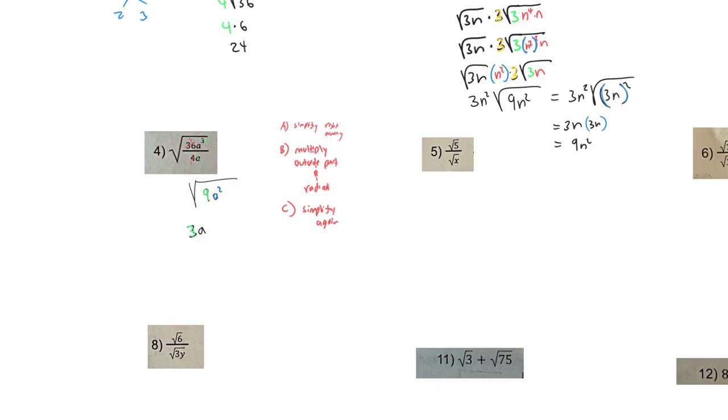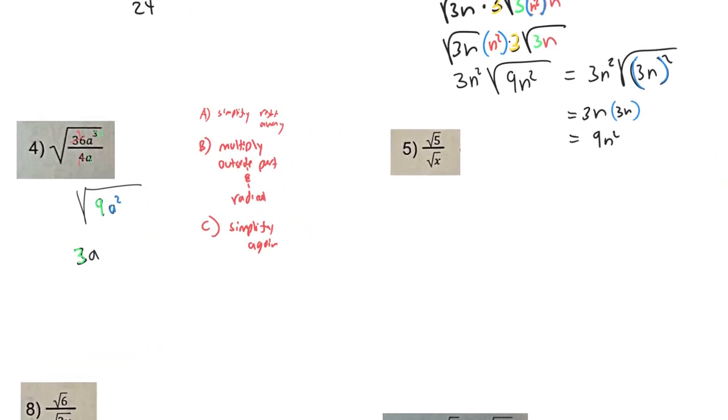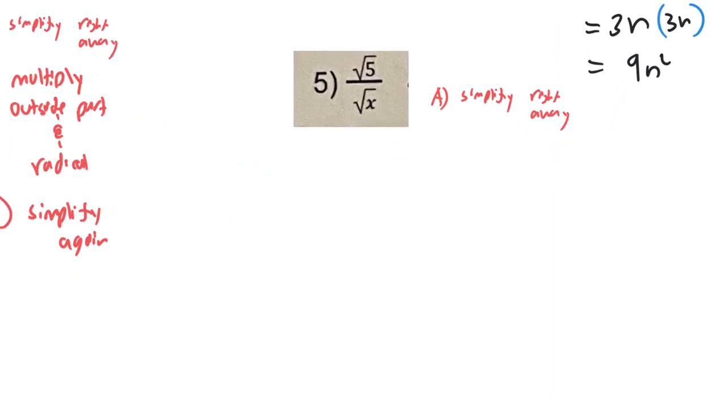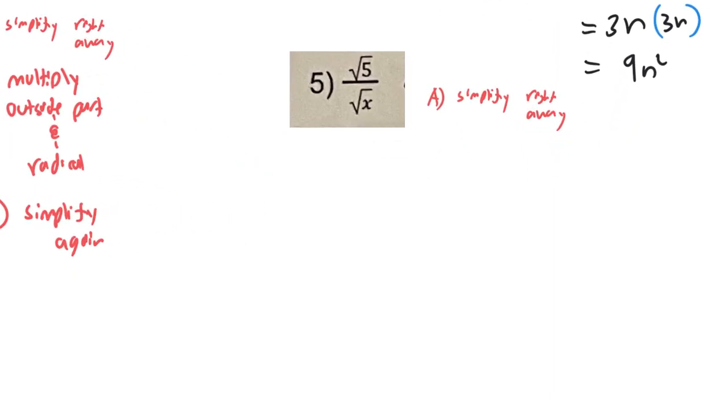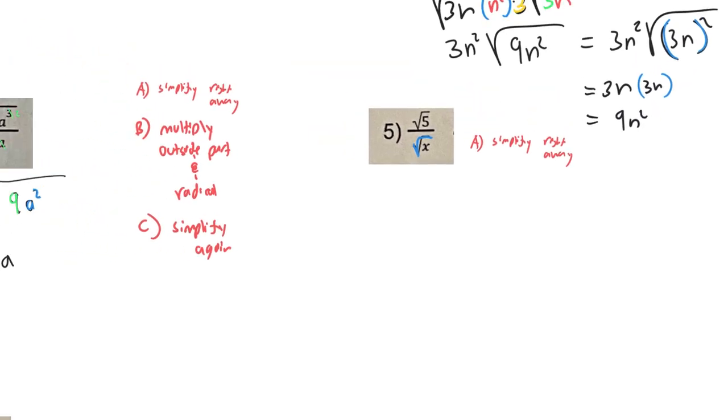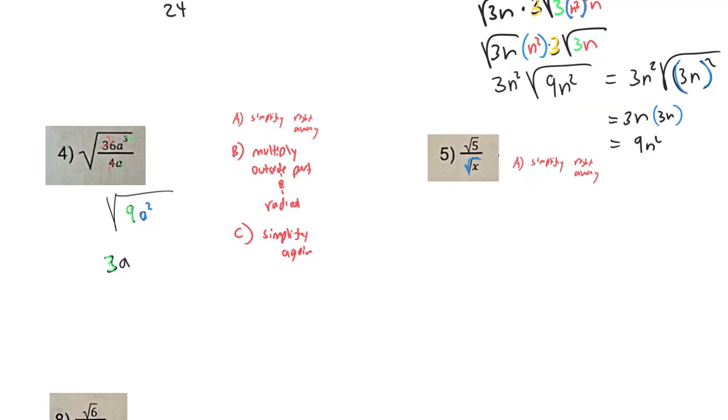Now, part of the protocol that I think I'd like to keep, though, is to simplify right away. I think you're always going to kind of want to do that, for sure. So, but what's different about this one is we have this radical that's like on the bottom, okay? Now, in reality, there's secretly a radical on the bottom here, but this is a little bit more like a radical over the whole thing. This is the first time where it's very clear that there's a radical on the bottom.